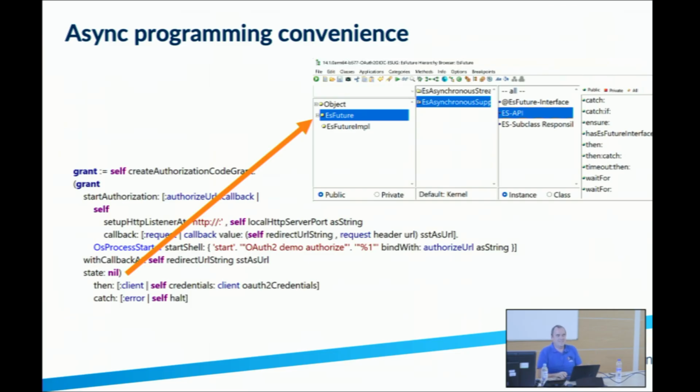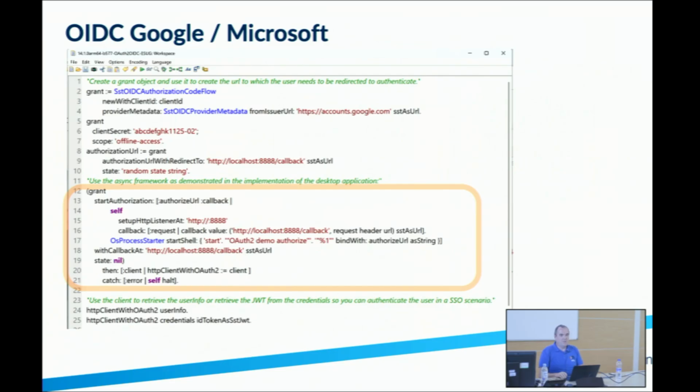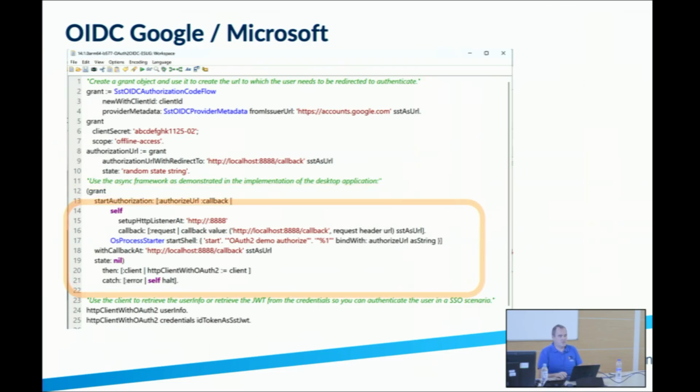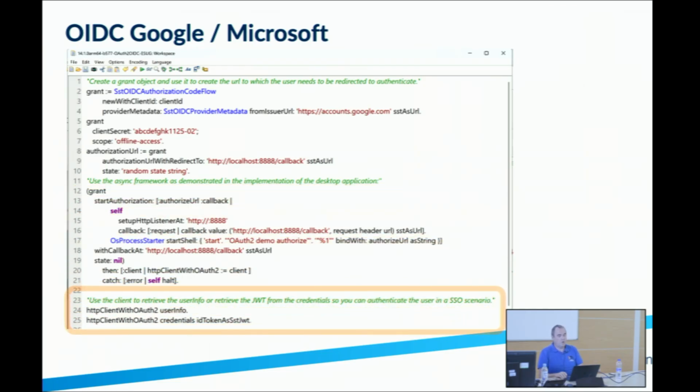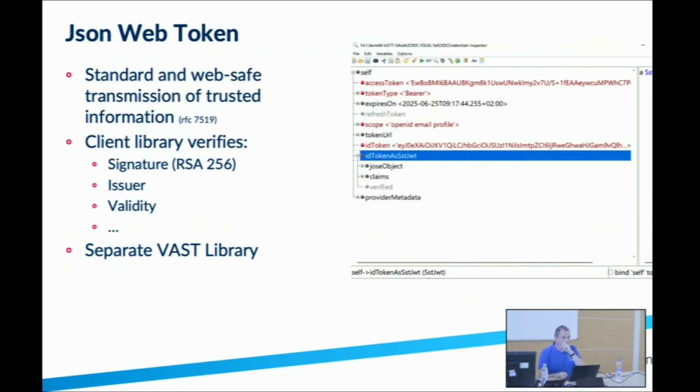What is being resolved is I get the HTTP client with the access credentials I just obtained, and I can call it to call user info or just get the credentials from it. So this is a subclass of the existing HTTP client, so it's completely compatible.